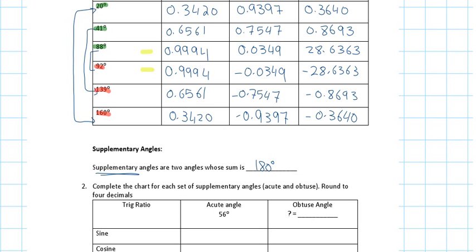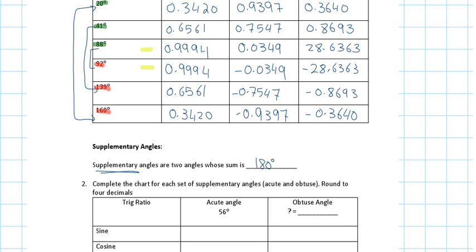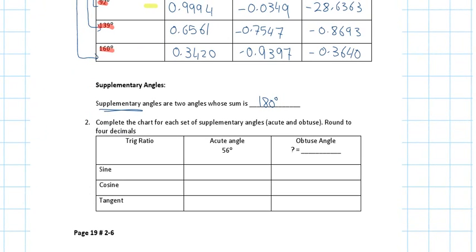So if I use my calculator and I find the angle which is 56, I find sine 56. What do I get for sine 56? Okay. What do I get for cosine 56? And then tan 56 is 1.4826.